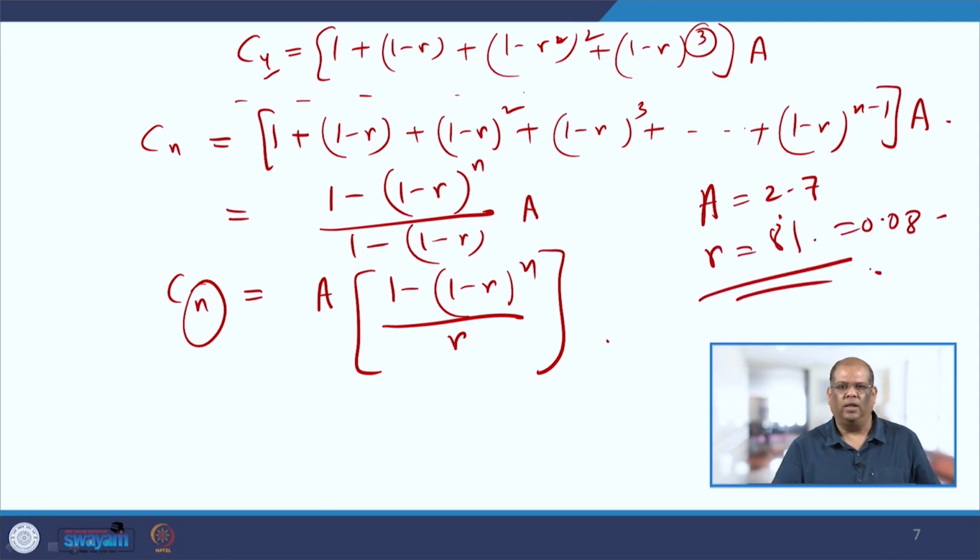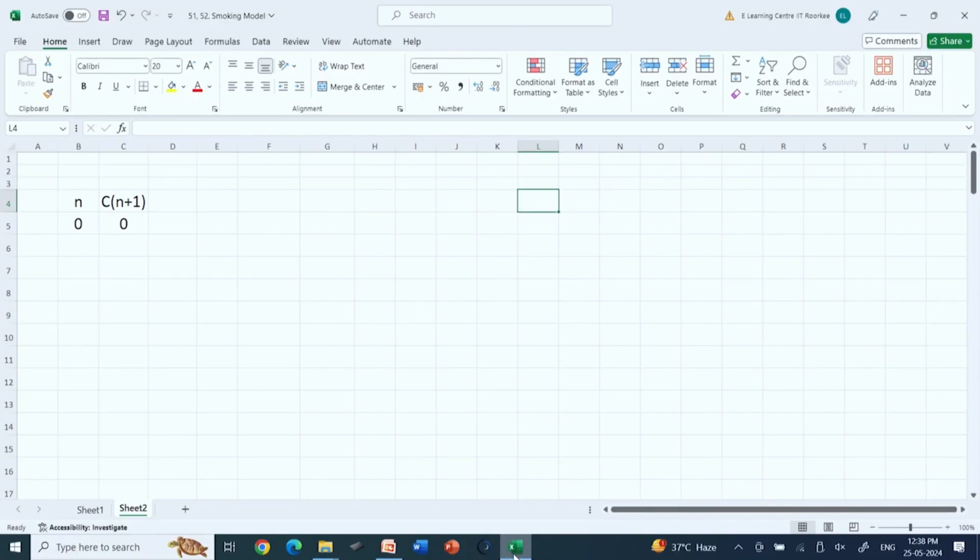Now, let us check this solution numerically. So, we will be using Microsoft Excel. I already have it open. So, the value of R is 0.08 and the value of A is 2.7.